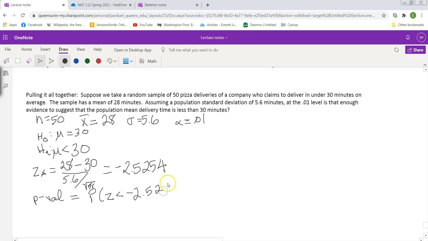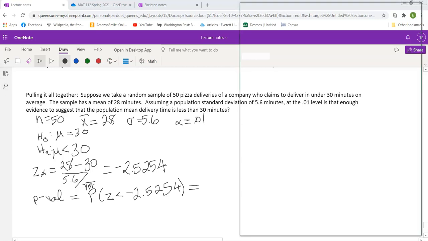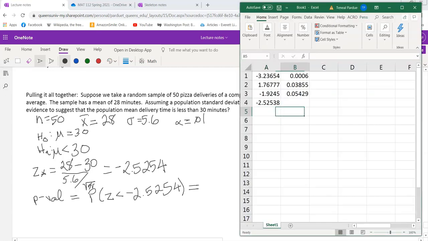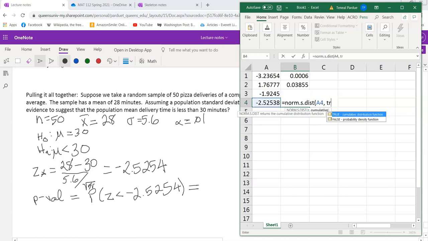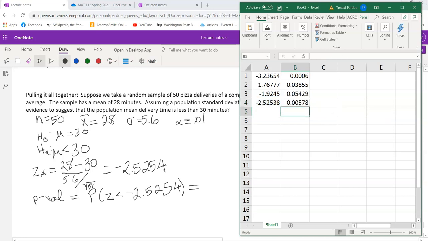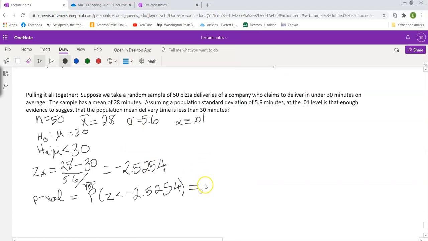So negative 2.5254, and that comes out to be, the computer's running slow, NORM.S.DIST of our test statistic, comma, true. And we get 0.00578.